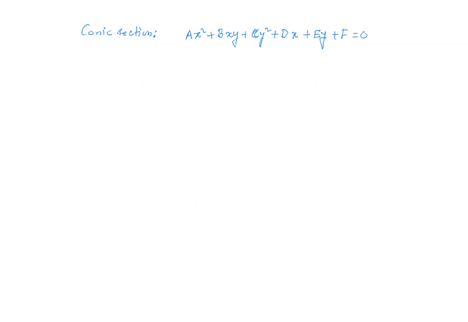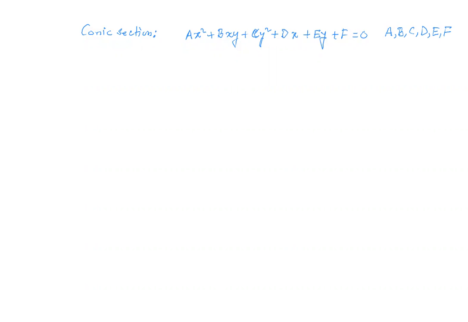This is the most general equation for a conic section. Depending on the coefficients a, b, c, d, e, and f, you're going to have different things.